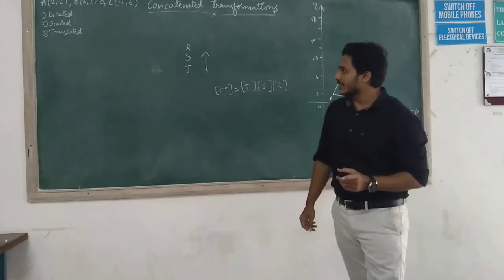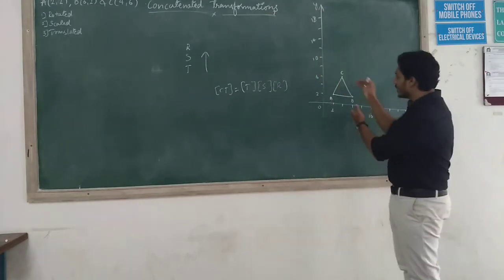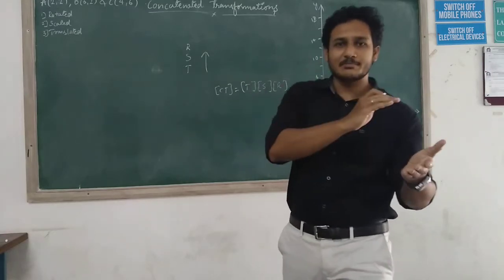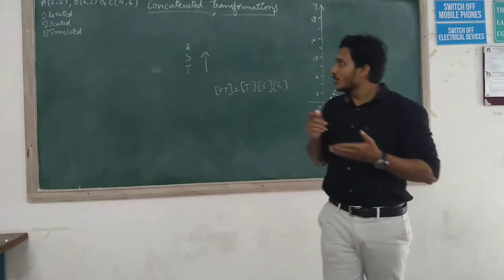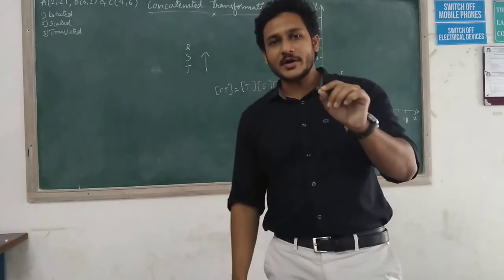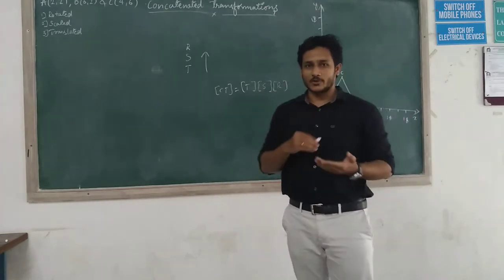When we rotate a body about a point, it is going to be translated, but we are coming back. So we have to take the negative value of the point about which we are rotating.